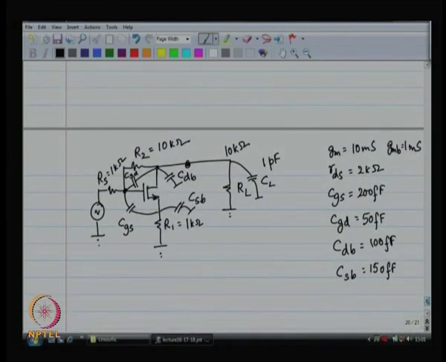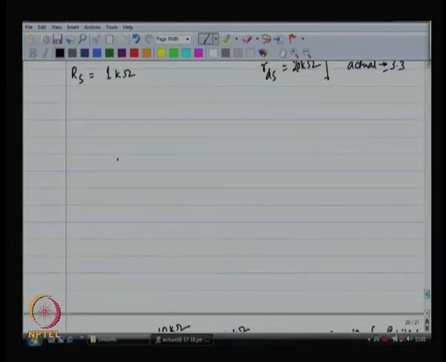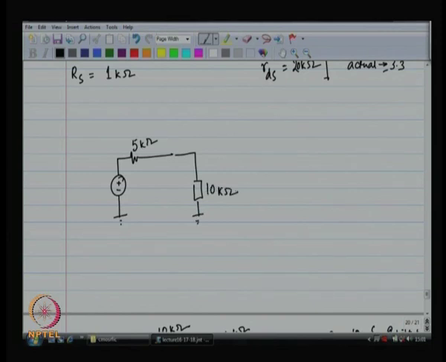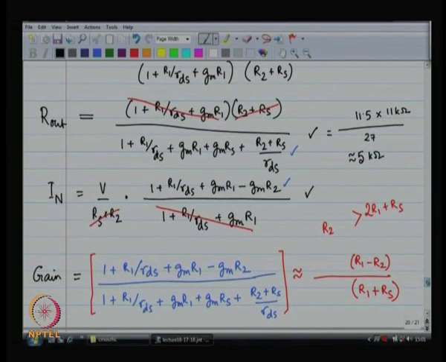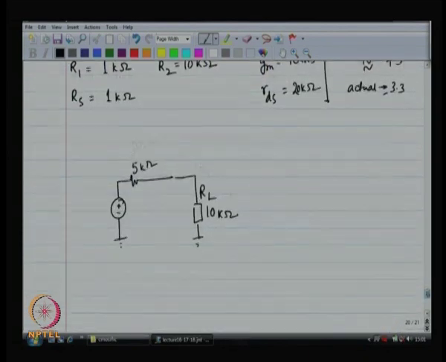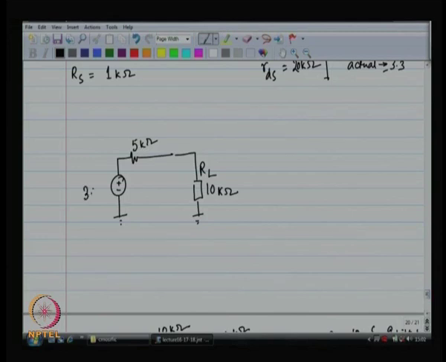Now, I am trying to drive a load which is 10K. Okay, my output looks like a voltage source at DC. It looks like a voltage source of value about 3.3 times V input.